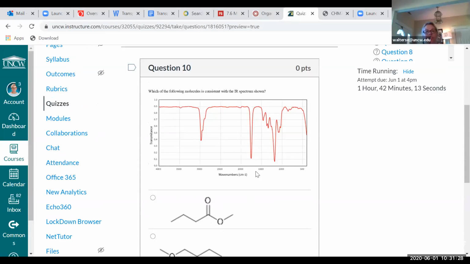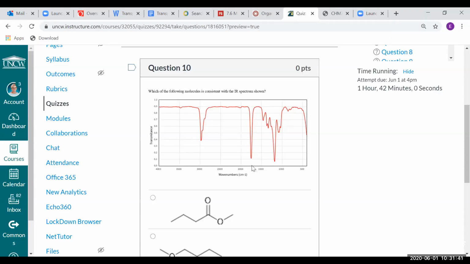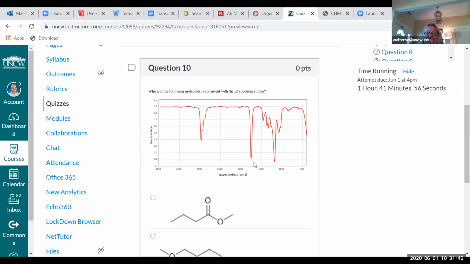Somewhere within the region from 1600 to 1850 wave numbers, if you see a very deep, intense feature, then it's a carbonyl. If you see a feature between 1600 and 1850 wave numbers that's not intense, but maybe small, maybe only comes down to about here, then it would be a carbon-carbon double bond.